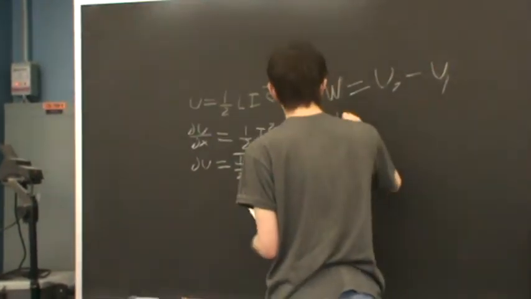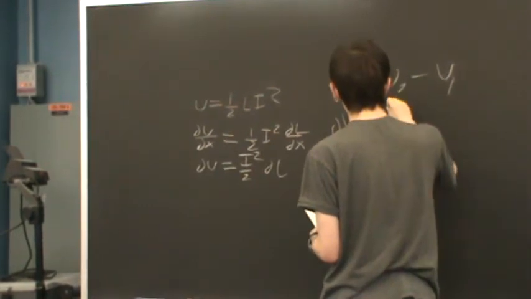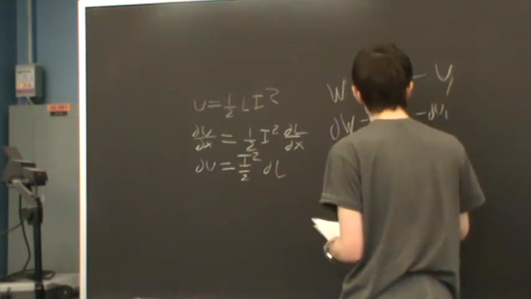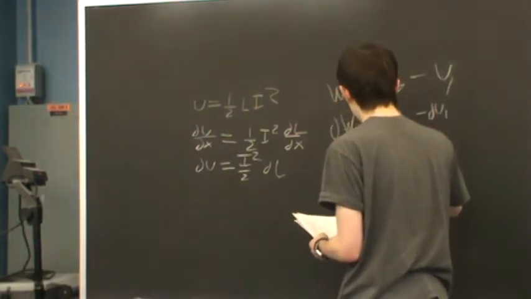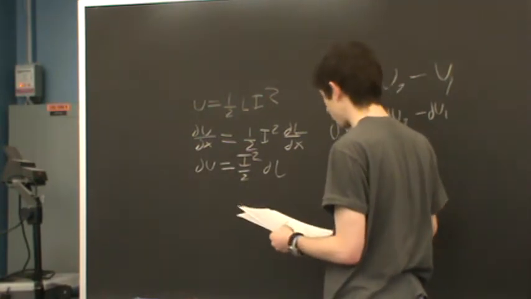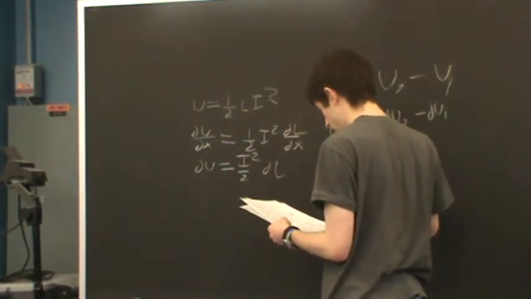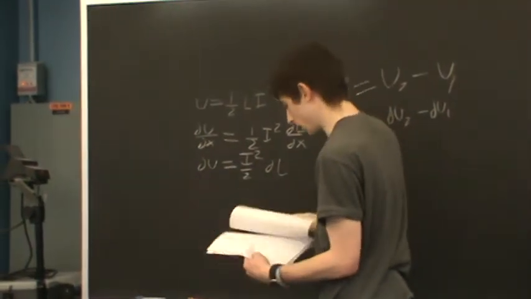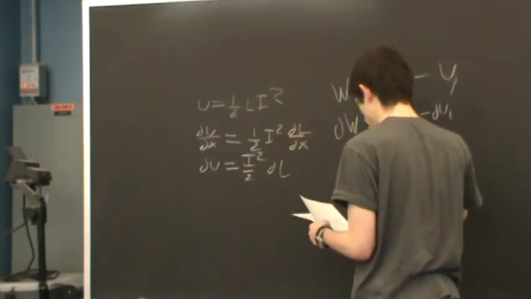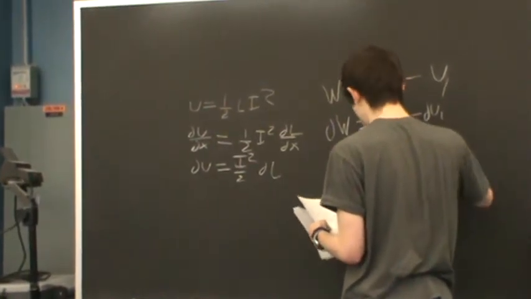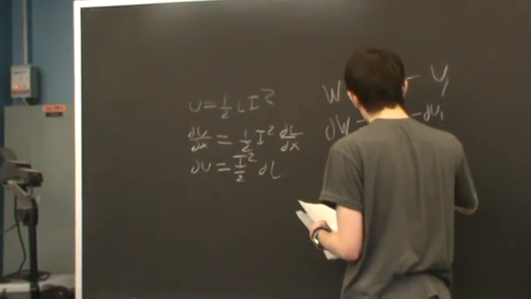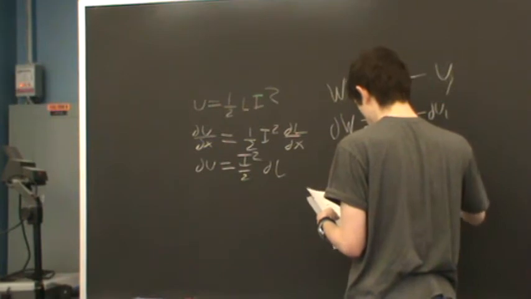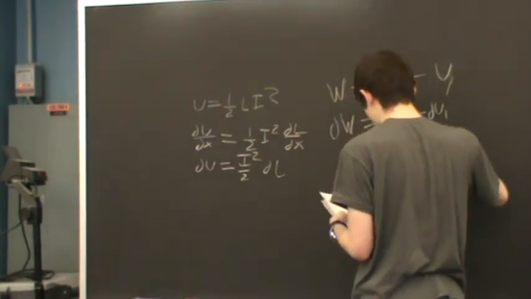So dW equals dU2 minus dU1. The negative dU1 is just 1/2, or is just I squared over 2, or actually, no, it's negative I squared over 2.